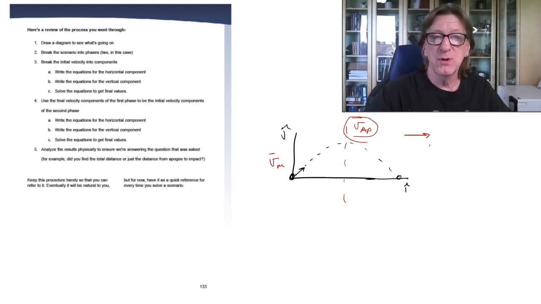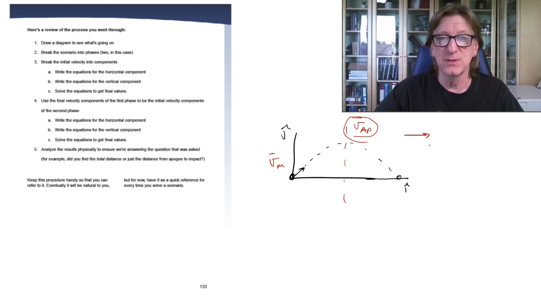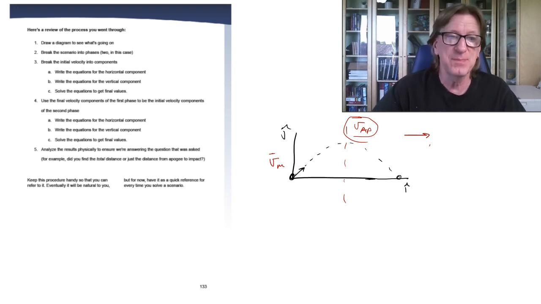All right, then we wrote our equations for the horizontal component. We wrote our equations for the vertical component. We got the final values for phase 1. We then took those velocities from the first phase to be the velocities for the second phase, and some heights and some times and things like that. Did the same thing again. Wrote the equations for the horizontal, the vertical, solved them to get the final value that we're looking at.